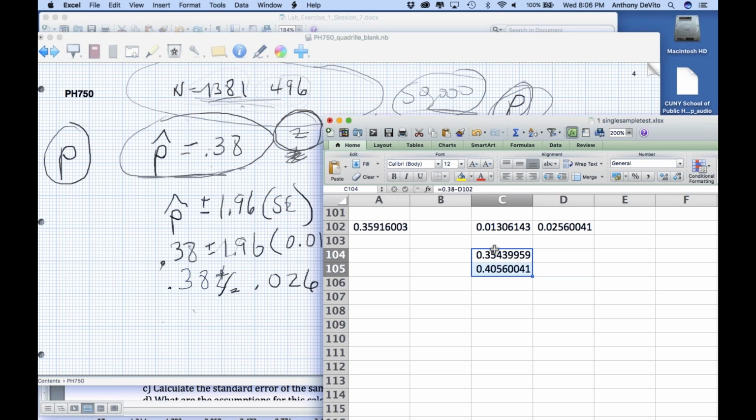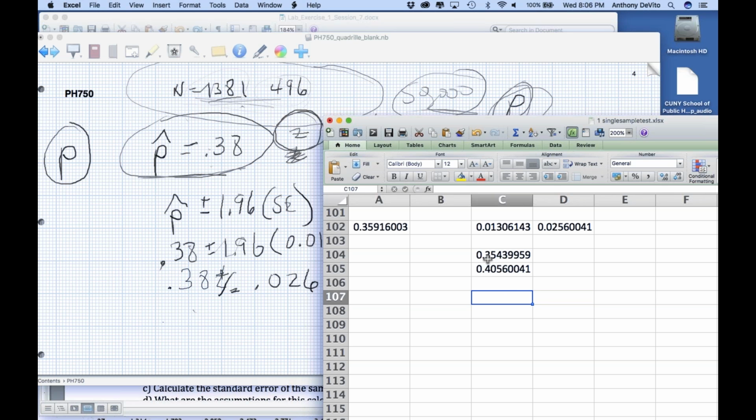Well, 50% is outside of this range, right? So yes, you would say it's definitely different than 50% because it's definitely lower than 50%, the true proportion, which we don't know, but we're estimating based on this confidence interval, because 50% is not within this range. Okay, so we could use the confidence interval that way.